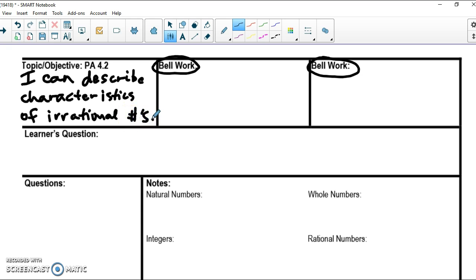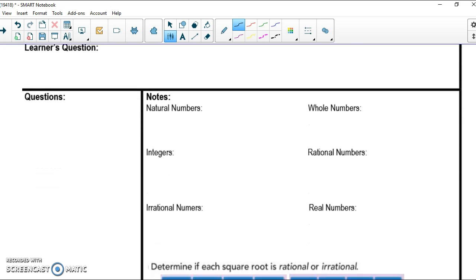So your learner's question could sound something like, what are the characteristics of irrational numbers? Something along those lines. But I will let you personalize that yourself.